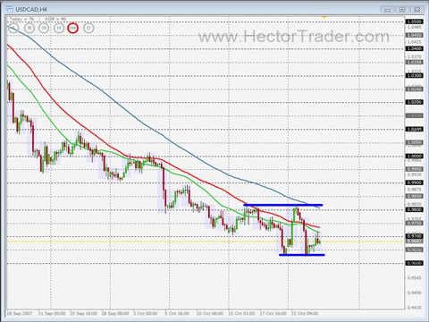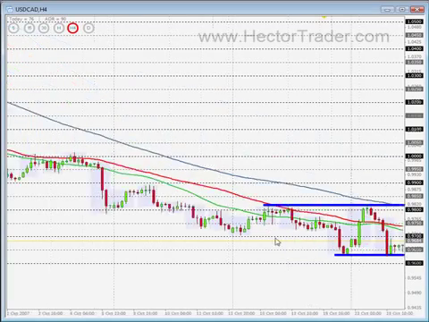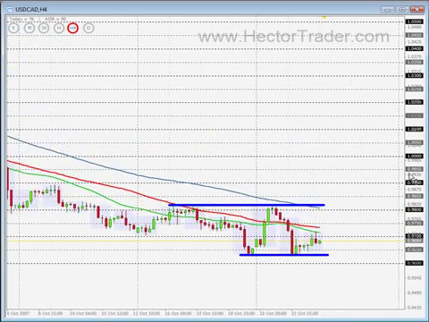So like I say, two very well defined levels: the resistance up here right above the 0.9800, and one level of support right below the 0.9650.